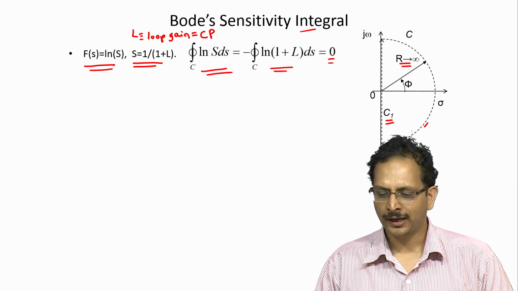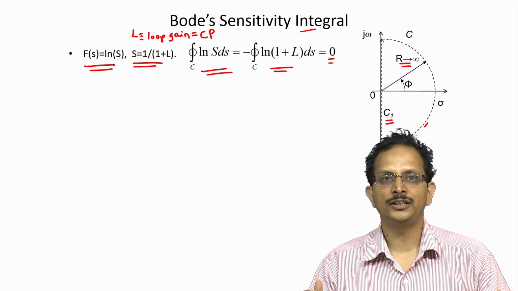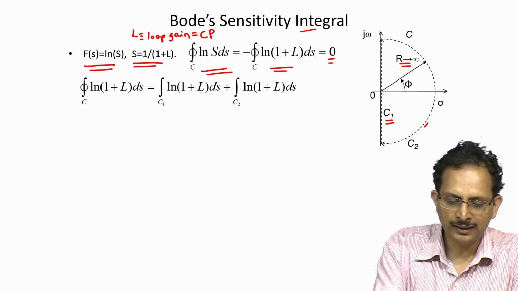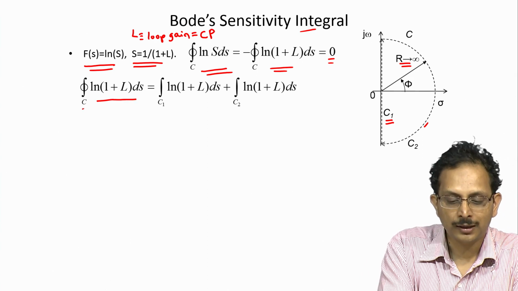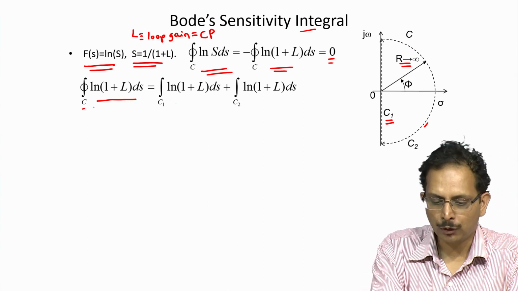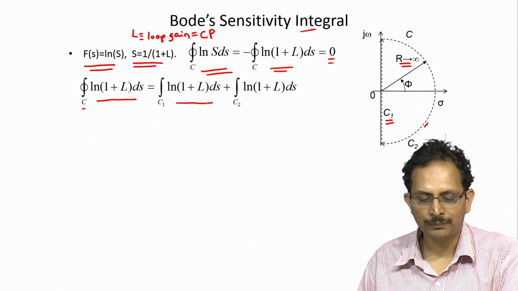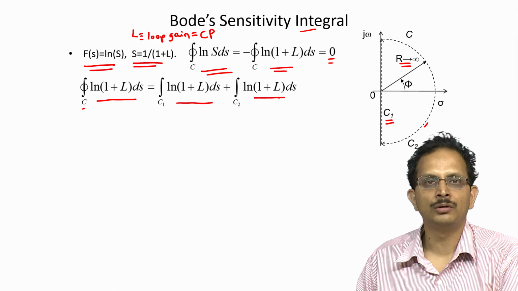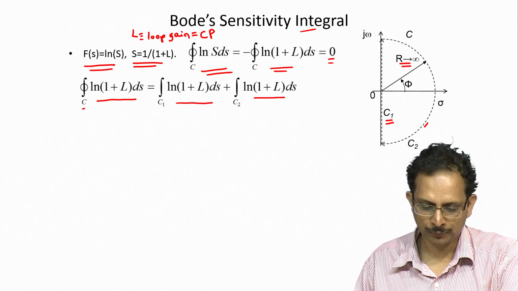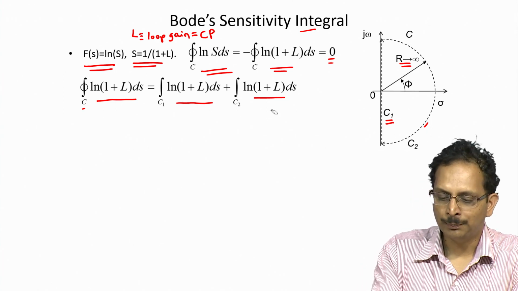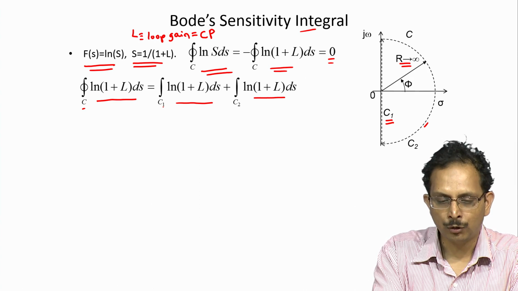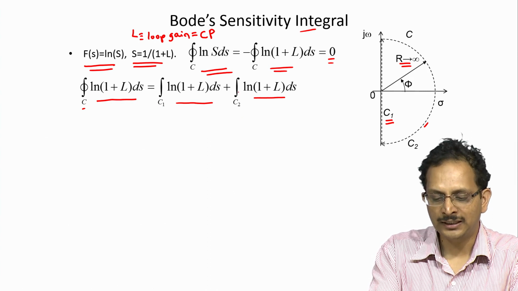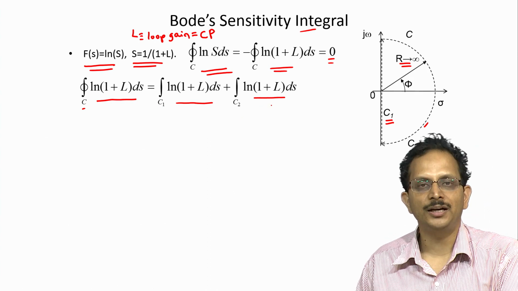So, the contour C can be looked at as a union of these two curves C1 and C2, and hence we can write the contour integral of ln(1+L) ds over the curve C is equal to the integral over the curve C1 of the same function ln(1+L) plus the integral over the curve C2 of the function ln(1+L). Now, we have to separately simplify the two integrals, namely the integral over the curve C1 of ln(1+L) ds and the integral along the curve C2 of ln(1+L) ds.